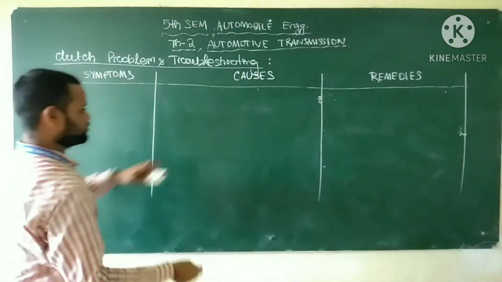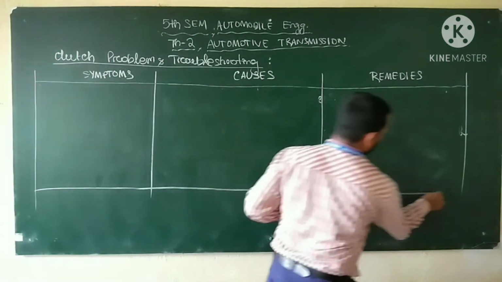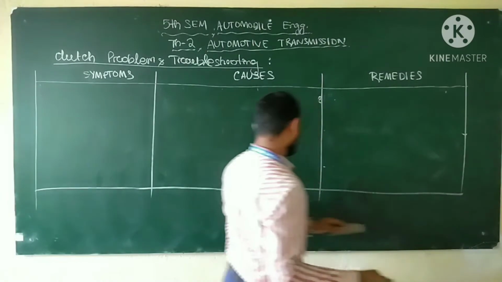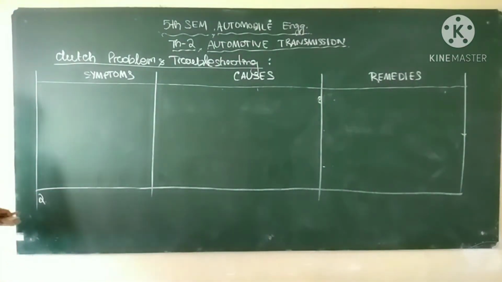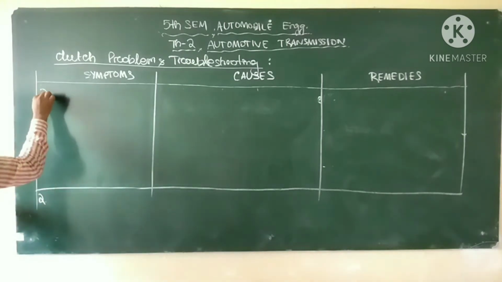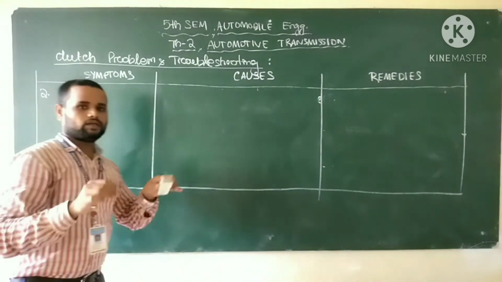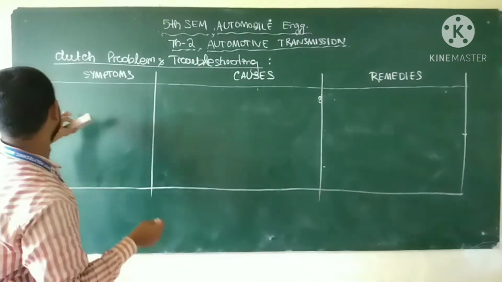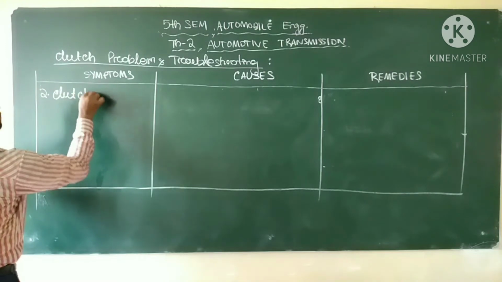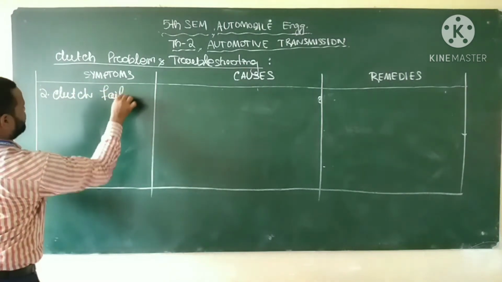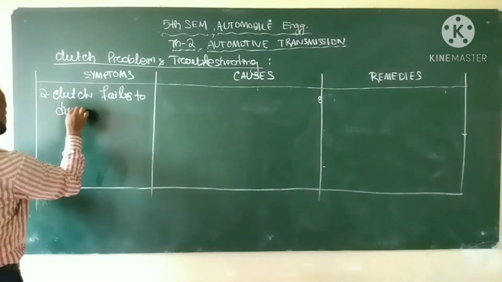After the first symptom you write, you will mark a line there, and below that you will write symptom 2. The second symptom in case of clutch problem is that the clutch fails to disengage.